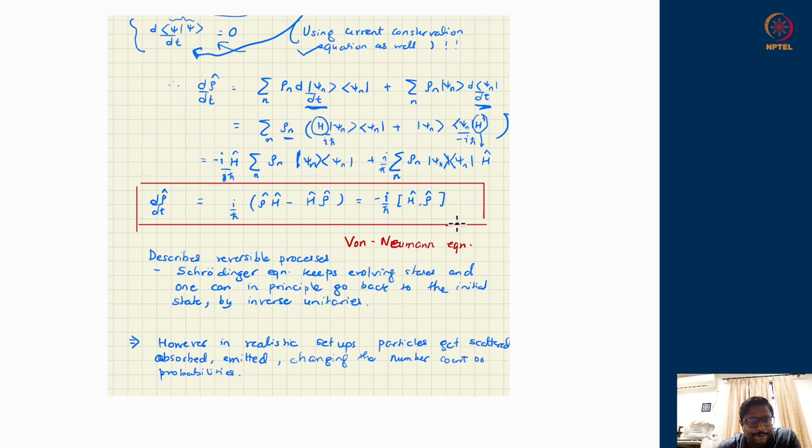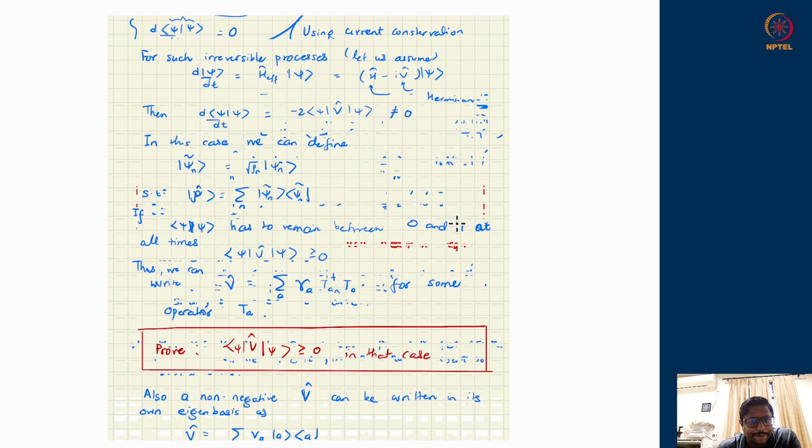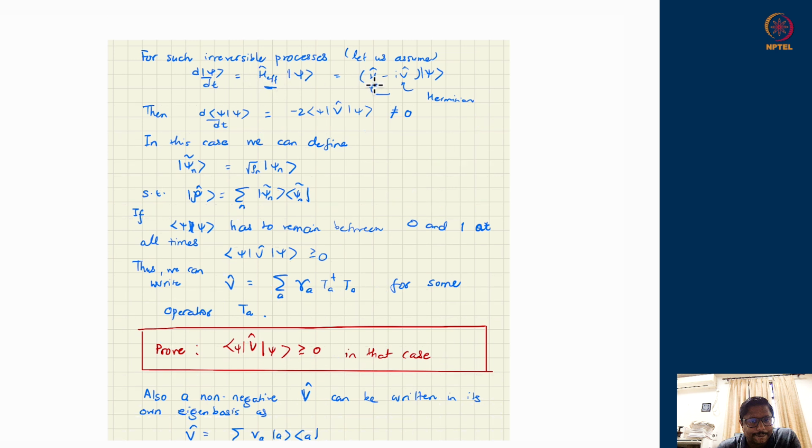For such non-reversible or irreversible processes, let us assume the dynamics is dictated by some effective Hamiltonian, H effective. It is not only made up of the atom's own interaction, H, but other Hamiltonians as well, for example a photon talking to an electron and an electron talking to another electron, or some atoms' dipole moment talking to an electron. And at the end of the day, we lose sight of all other interactions.